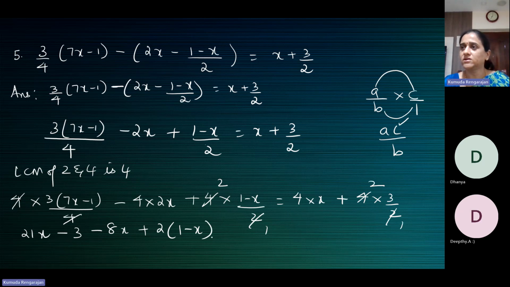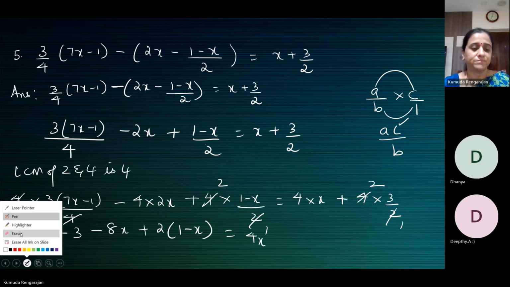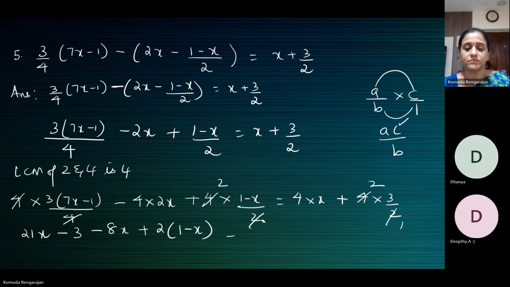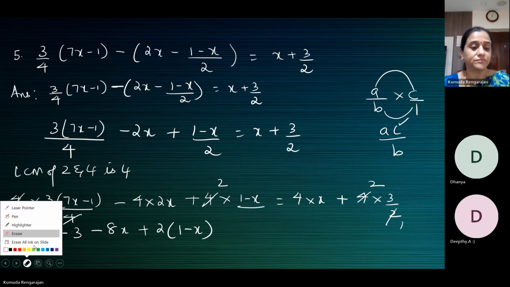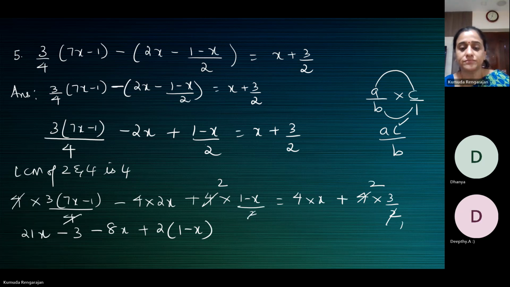You understand that? It's 2 into 1 minus x is equal to 4 into x, which is 4x. Then plus 2 threes are 6. Correct? Okay.